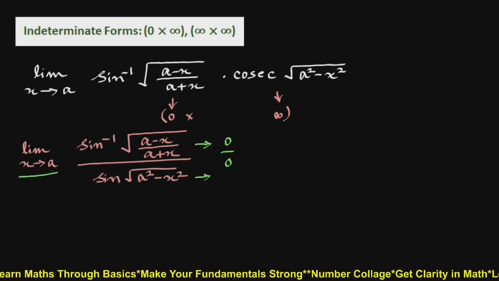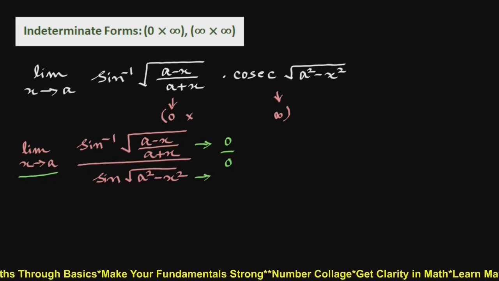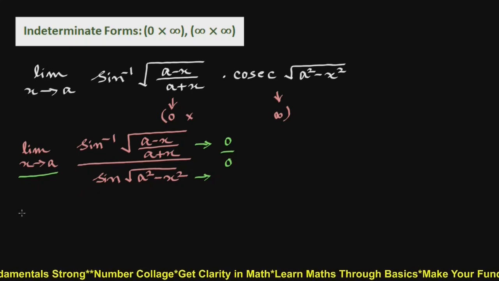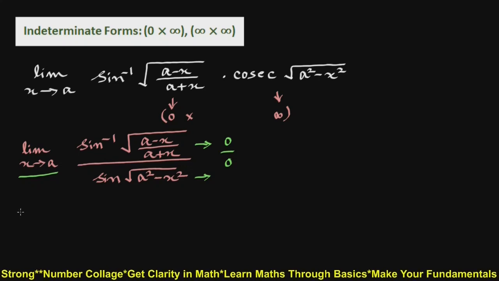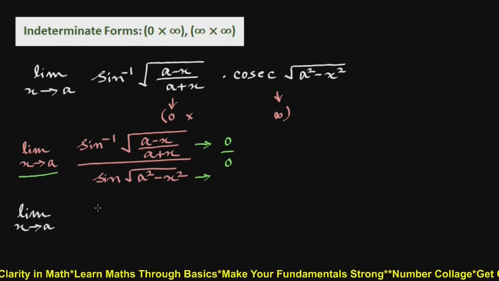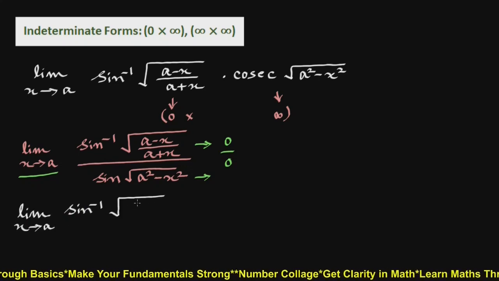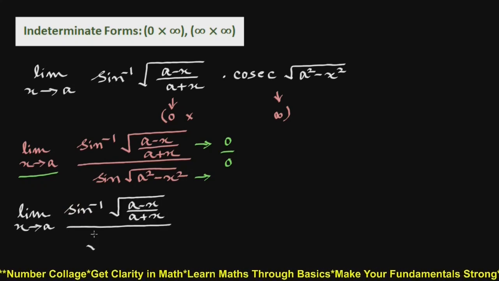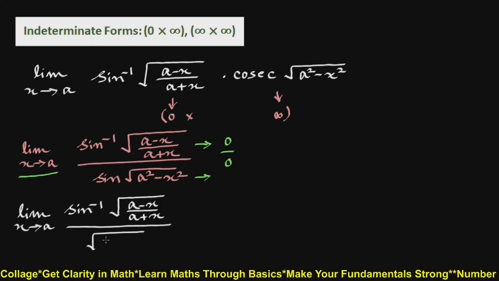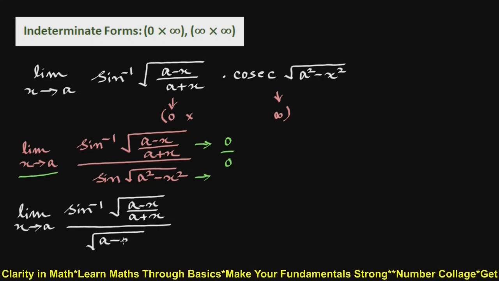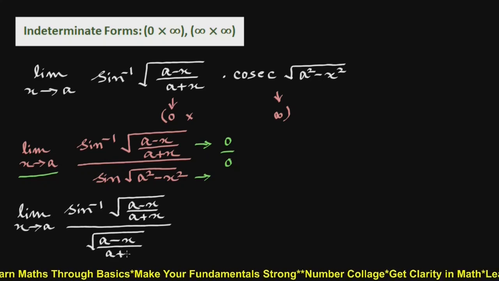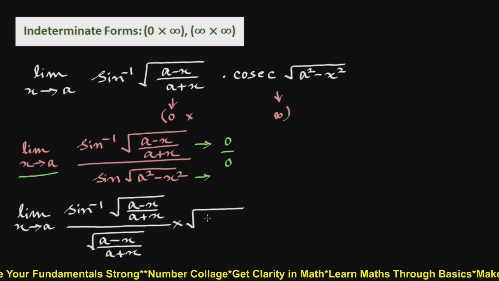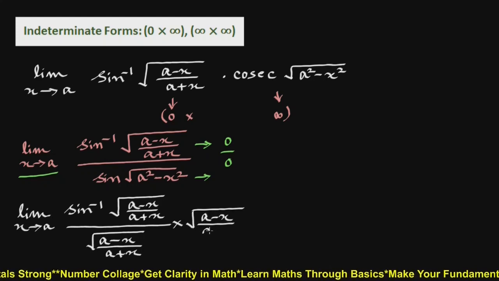Since there are sine functions in the numerator and denominator, we will write two separate limits for numerator and denominator. So for the numerator, we write the limit as x tends to a of sin inverse square root of a minus x upon a plus x upon, we write the same angle in the denominator, square root of a minus x upon a plus x, and we will cancel this by multiplying by square root of a minus x upon a plus x.